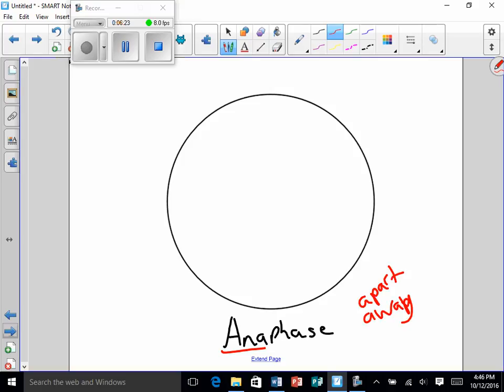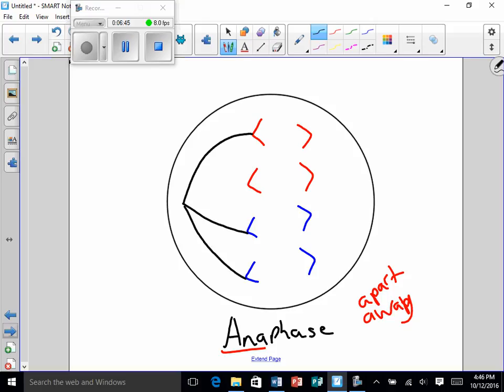If you're struggling to remember that, just remember those letters again. And in this phase, what you see was now our chromosomes here have been split apart, and our sister chromatids are going away from each other towards the opposite ends of the cell.